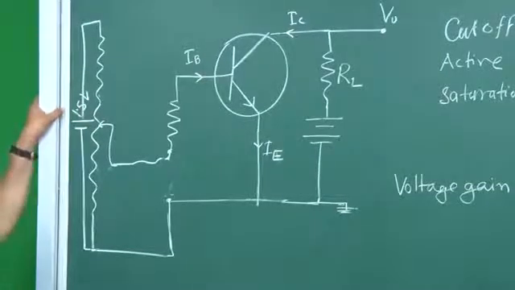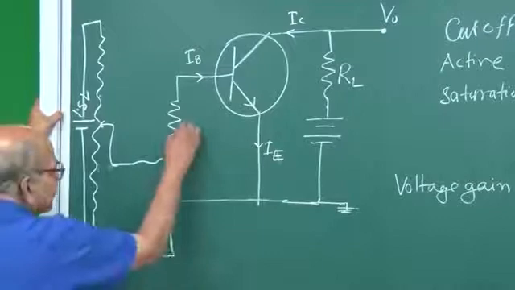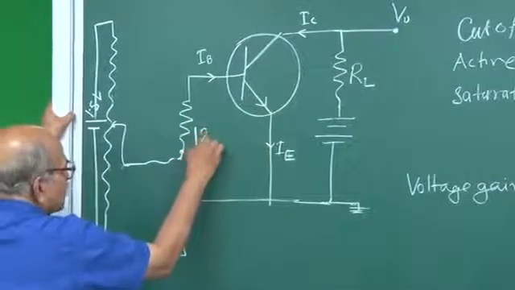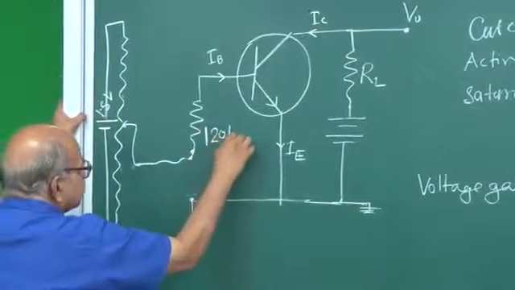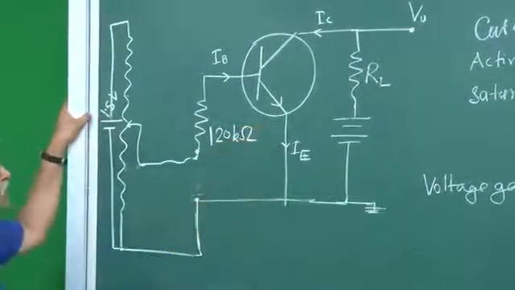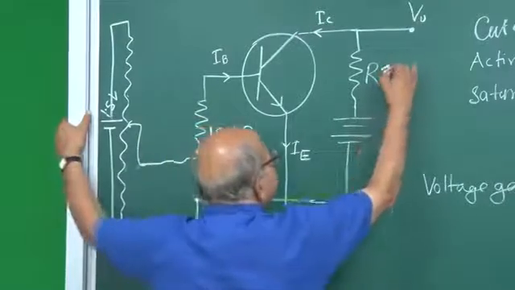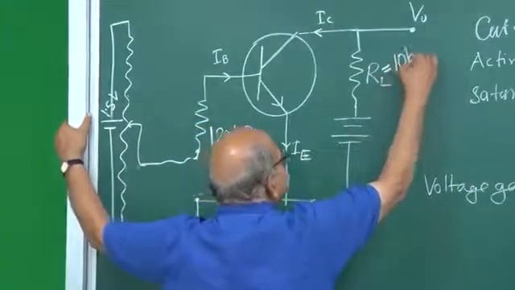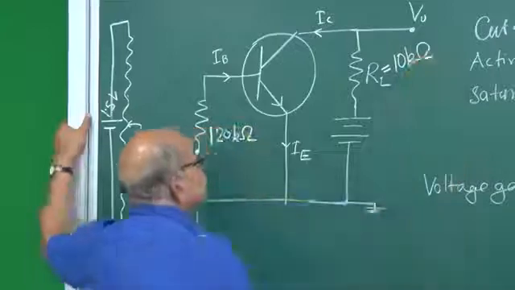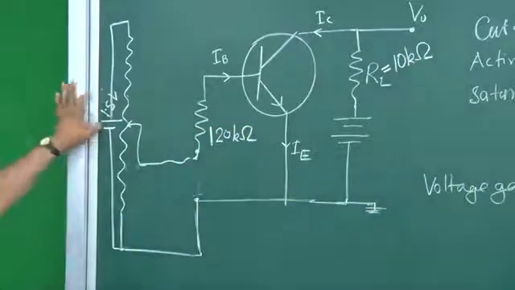Then the values of the resistances: here we will be taking a 120 kilo ohm resistance, and this RL we will be taking as a 10 kilo ohm resistance. This is 1.5 volt.